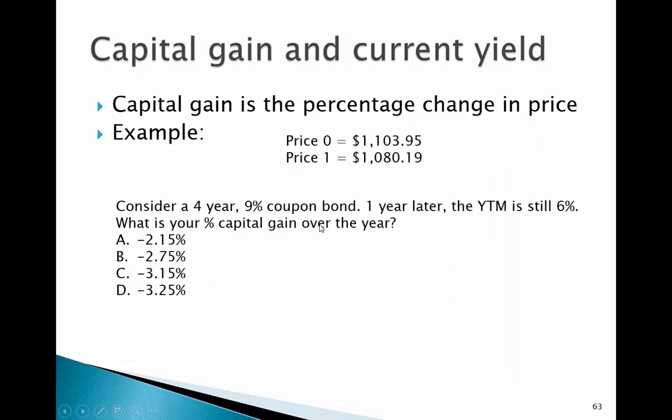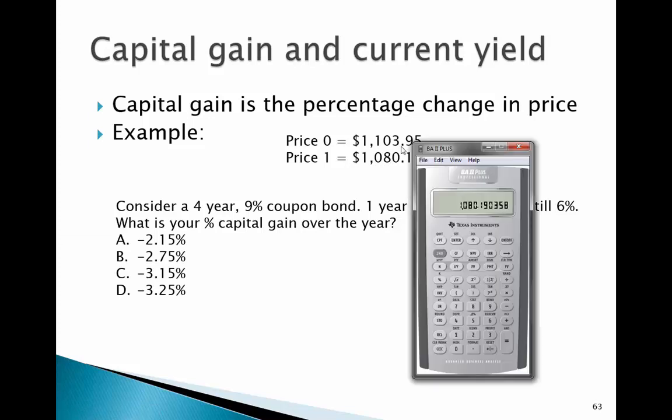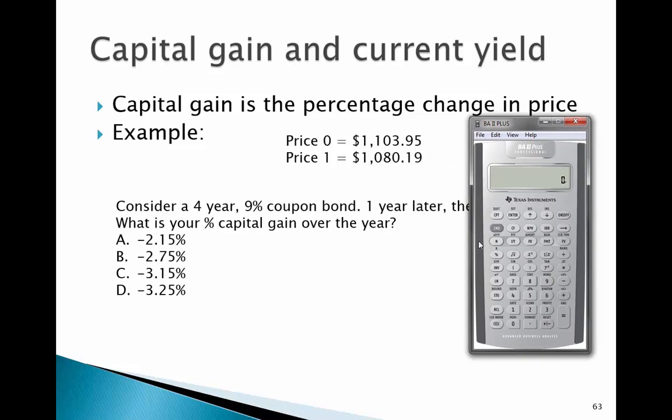The next question says, given that, what was your percent capital gain over the year? Capital gain is the percentage change in price. To find the percentage change in anything, I take the new value, the price 1, which is 1,080.19, and divide it by the old value, 1,103.95, then subtract 1.